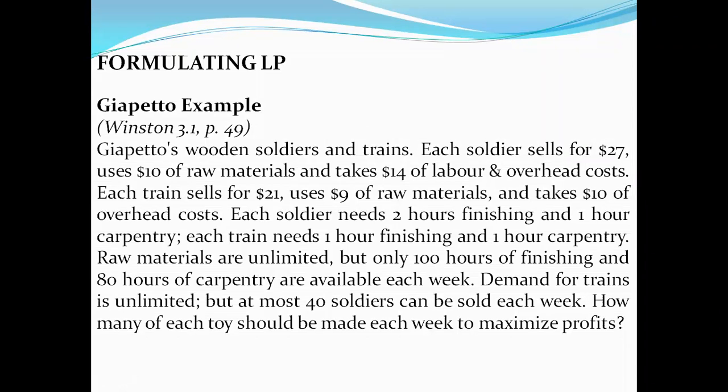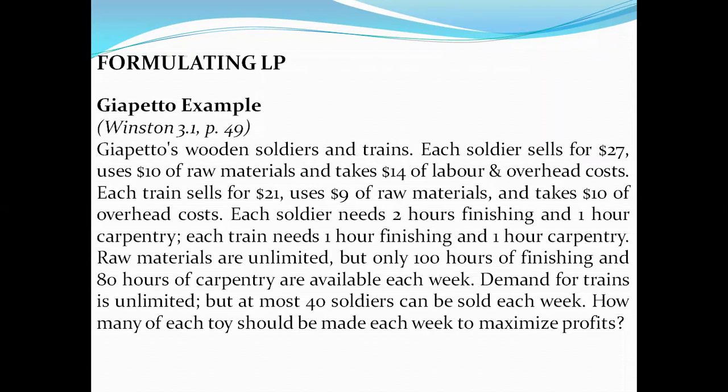So adding 9 plus 10, raw material plus labor charges, that is 19, and it has been sold for $21. The difference here is $2, which can be considered as profit. So for soldiers there is a $3 profit, and for trains manufacturing we have $2 as profit.